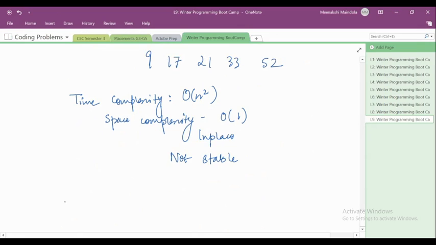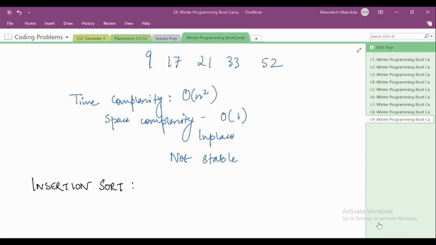Otherwise, let us continue and look at insertion sort as well. So shall we move ahead, everyone?